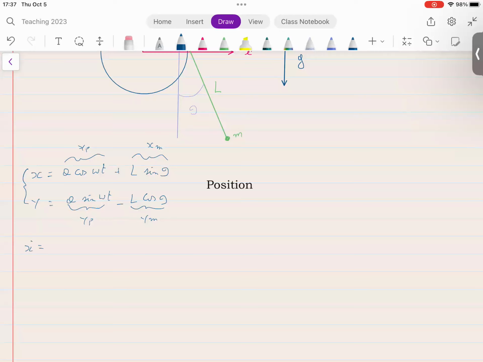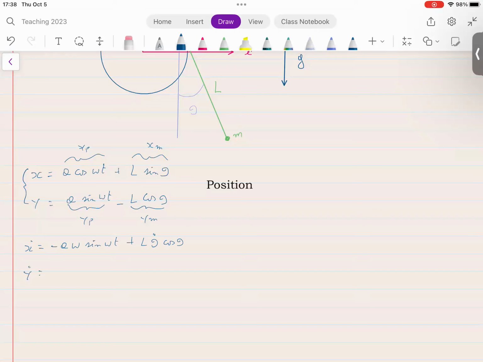Derivative of the cosine is minus sine, so I get minus a omega sine of omega t. Derivative of the sine is the cosine, plus L times cosine of theta times the derivative of theta with respect to time, that's theta dot.